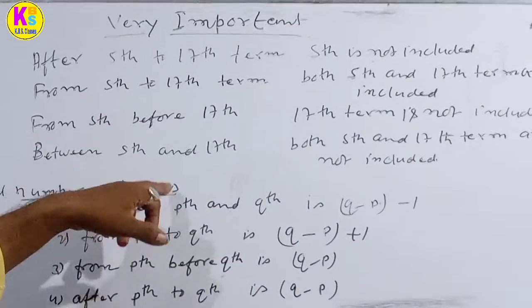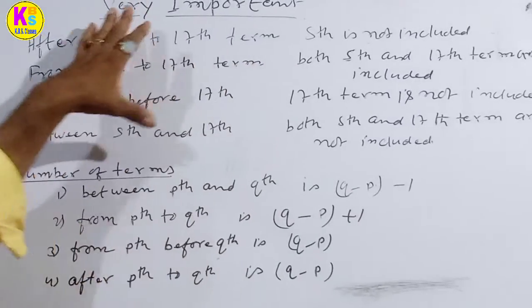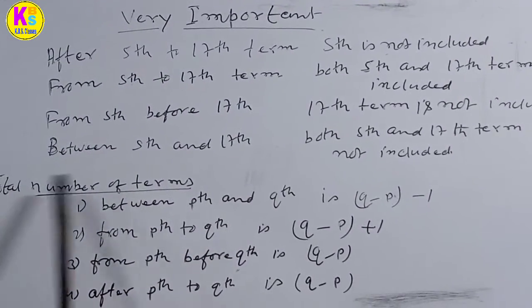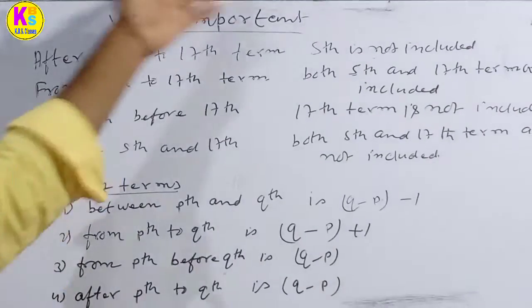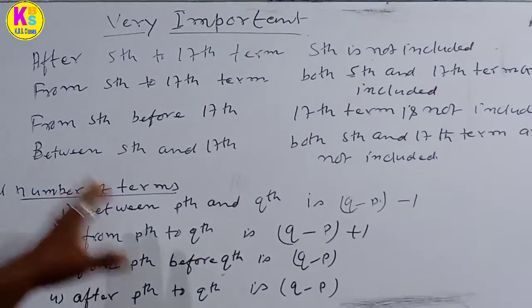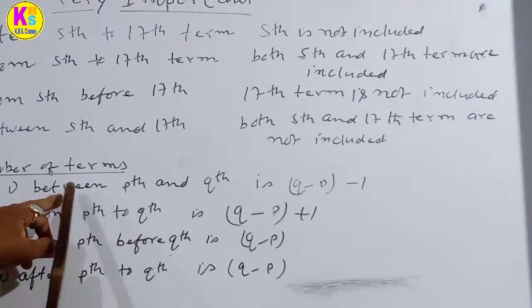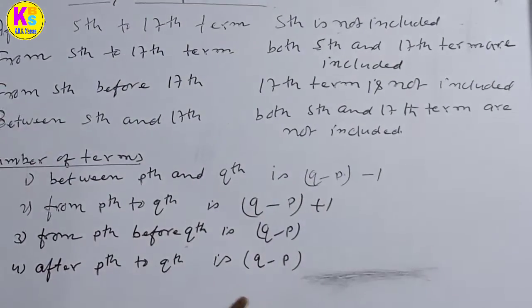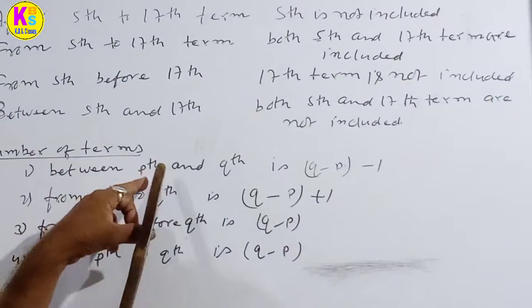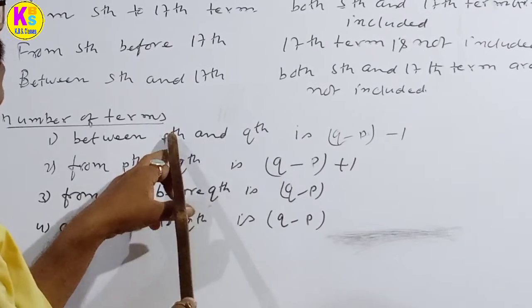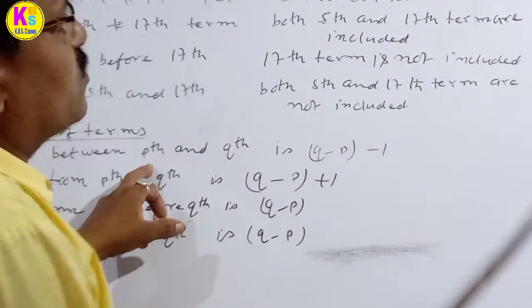So don't get confused when such sums are given. Here, how many terms will there be if two terms are given? If you have to find the total number of terms between the pth and qth term, subtract q minus p and again minus 1.